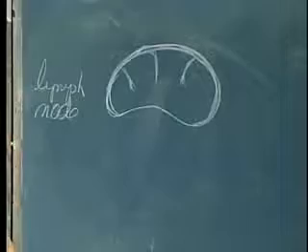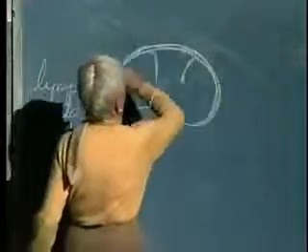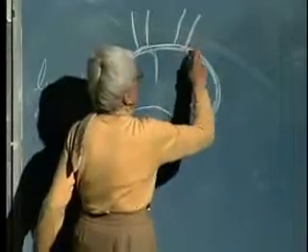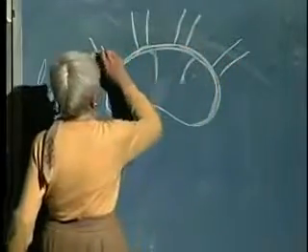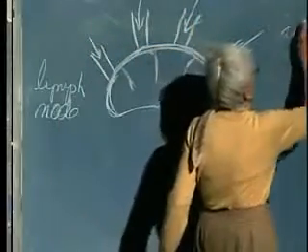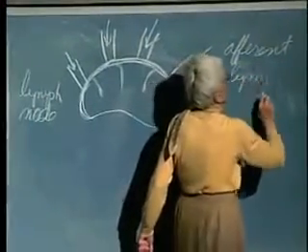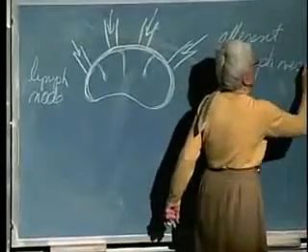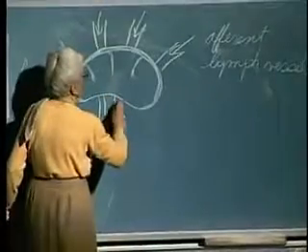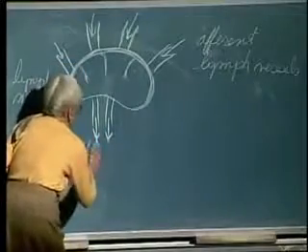But what is different here is the arrangement of the vessels coming in and going out. In the large curvature here, we're going to have afferent lymph vessels. And we'll have efferent lymph vessels. E for exit. Efferent.